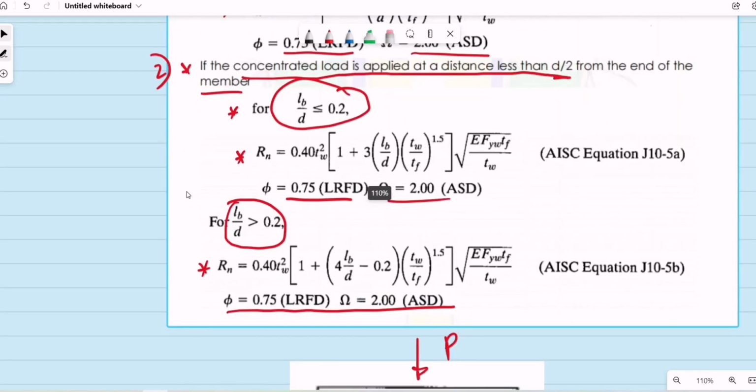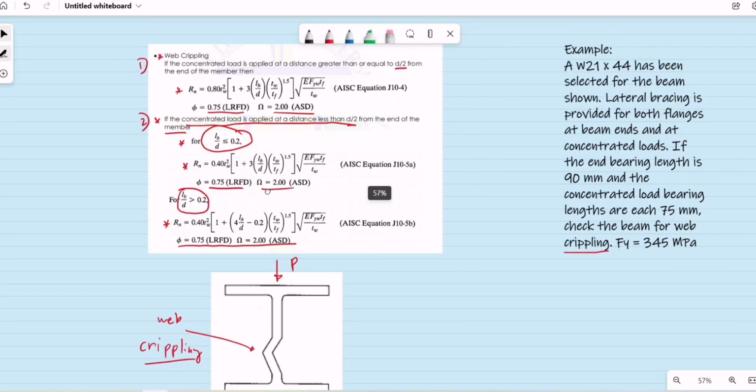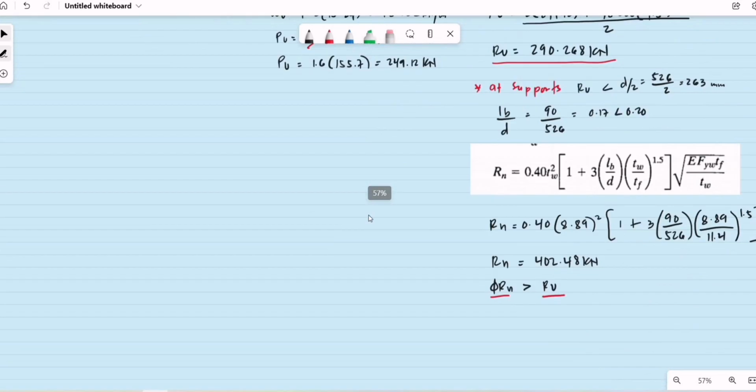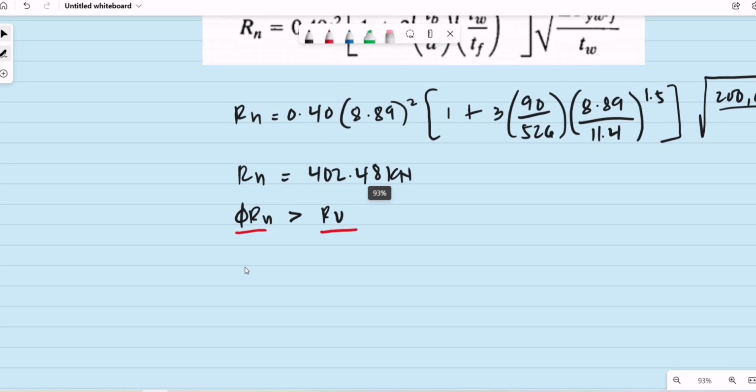So the reduction factor is 0.75. We have 0.75 of 402.48.